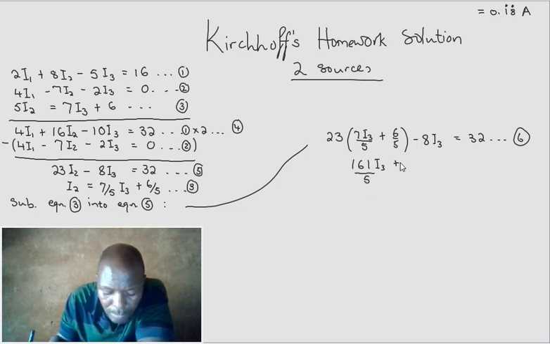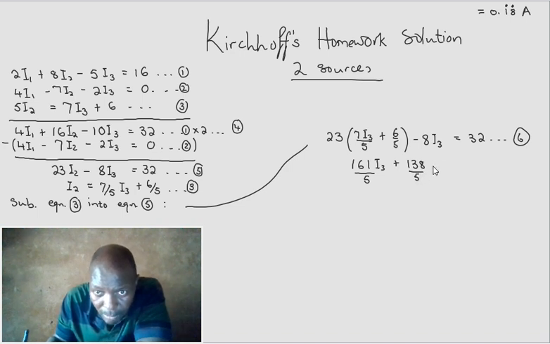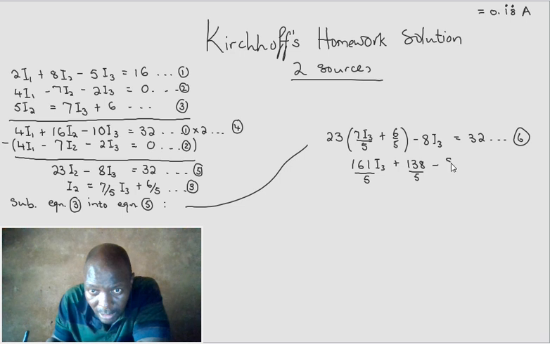plus 23 times 6 is 138 over 5. And then minus 8 I3 is equal to 32.